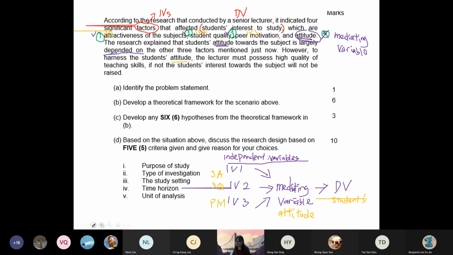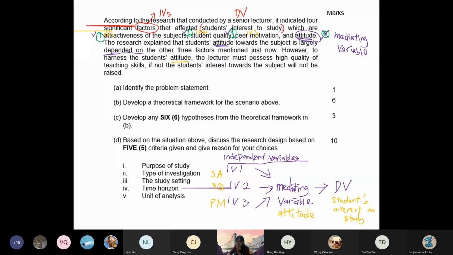The technology is not so mature yet. The lecturers must possess a high quality of teaching skill.